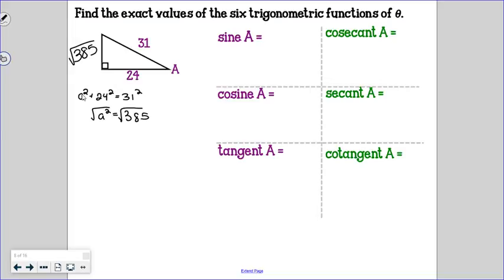I'll give you a second to work ahead of me here before I start getting answers from you guys. Nick Peterson, when you have sine, I will take that from you.